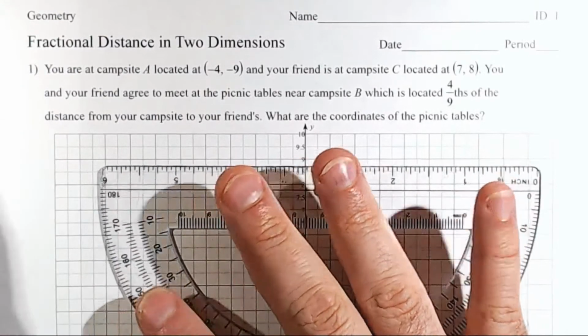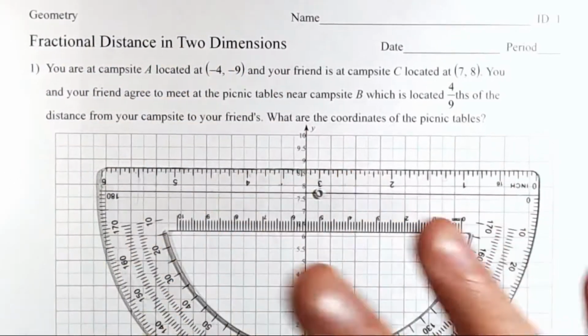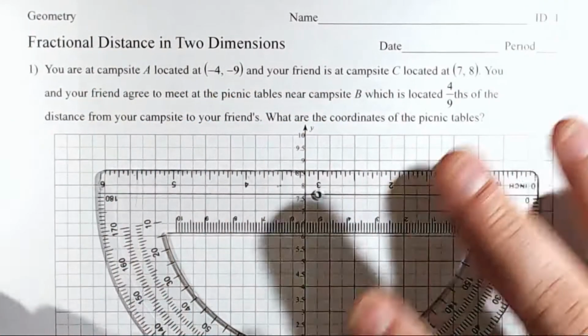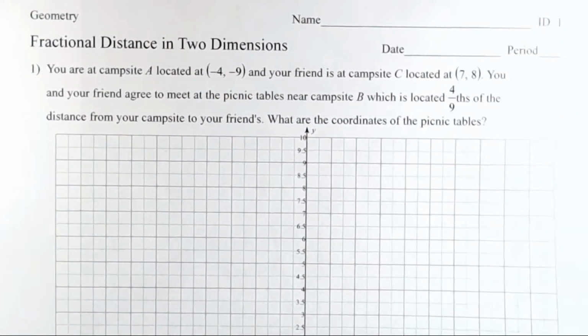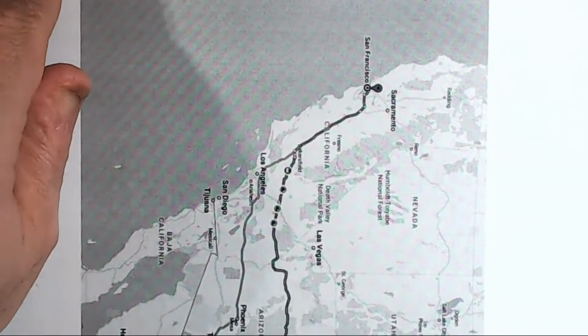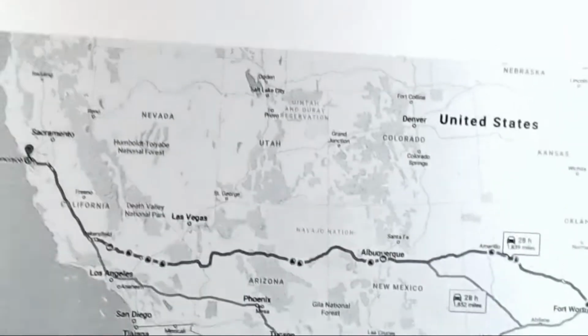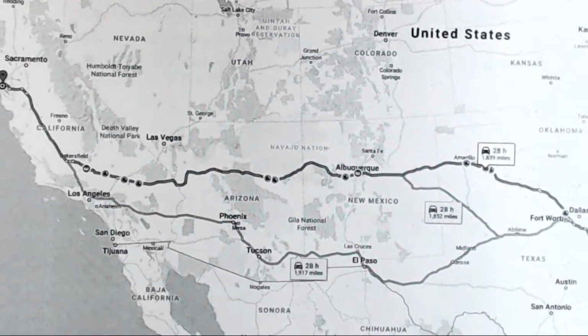These are fun because they're easy to visualize, right? So in the first problem, we're talking about campsites. And in the second problem, we're going to take a road trip from Palestine all the way to San Francisco.